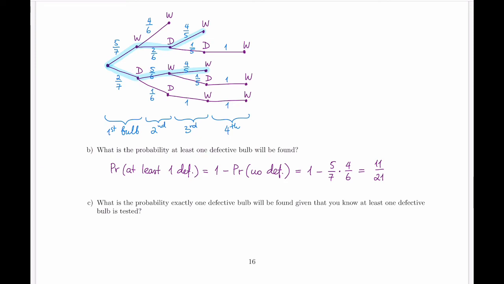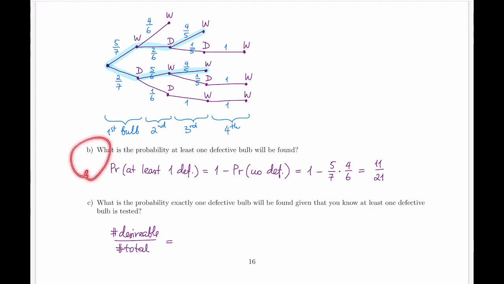We are asked the probability that exactly one defective bulb is found, given that you know at least one is tested. Remember that this "given that you know something" restricts our domain for totals. So if I am once again thinking of my desirable outcome versus my total outcomes, the totals are now restricted by the fact that I know at least one of the light bulbs is defective.